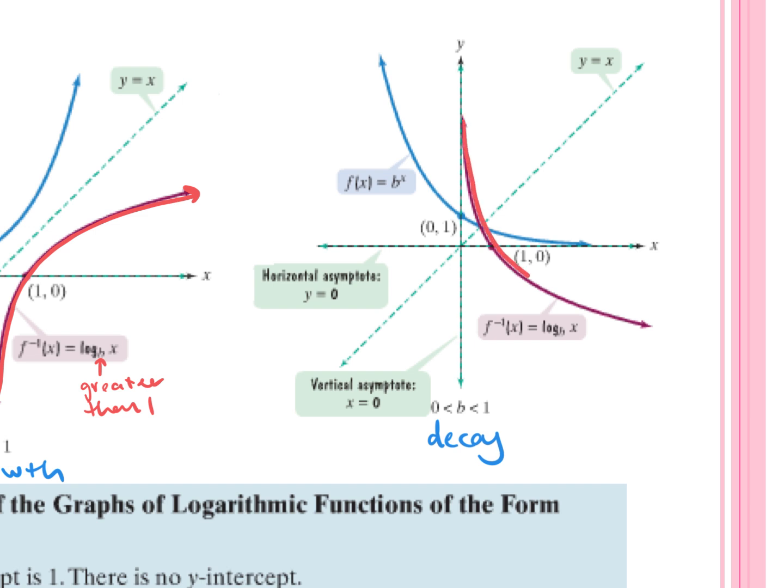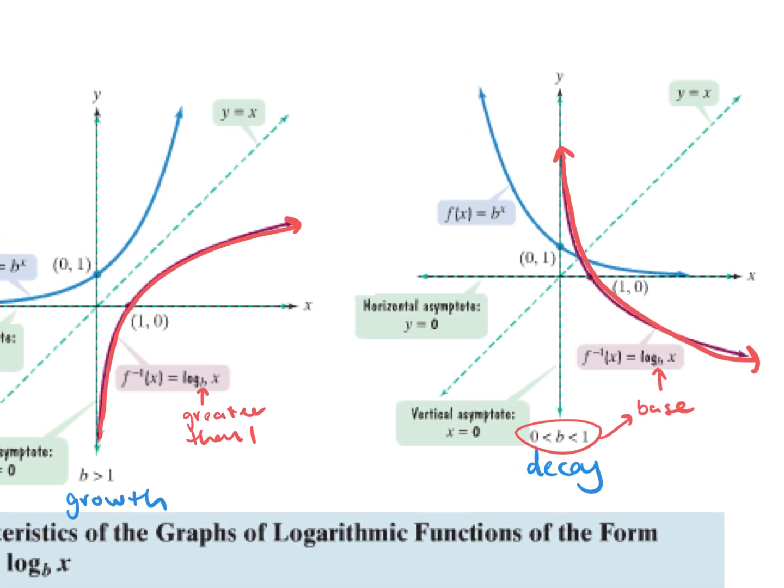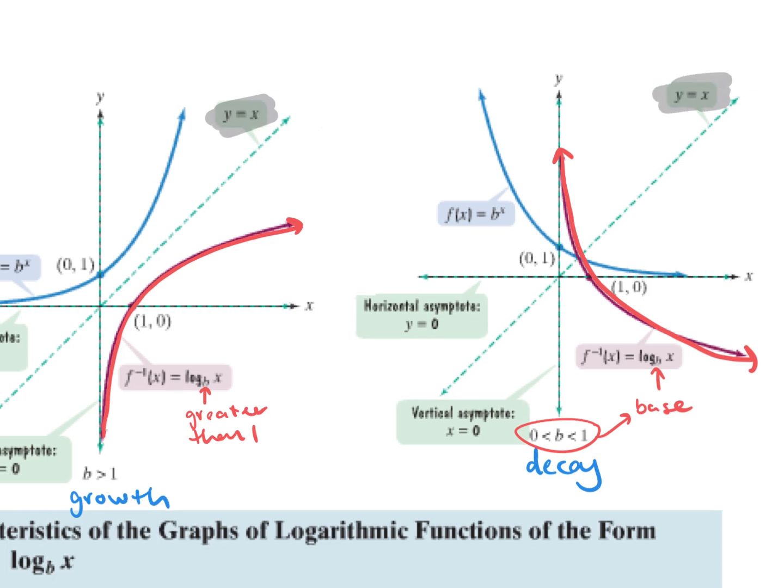So it just kind of flips. It goes up to positive infinity instead of down to negative infinity, but it still goes in that right direction. So this would be if our base was greater than 0 and less than 1. It flips on the x equals y axis.